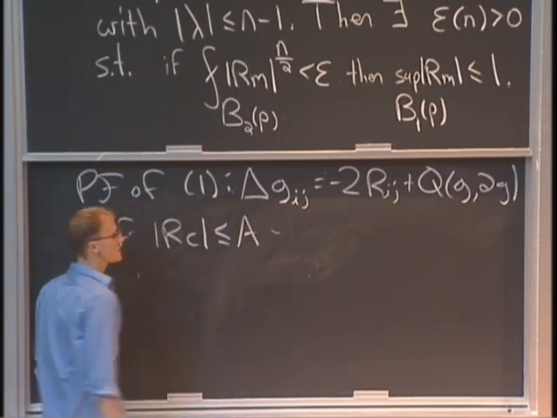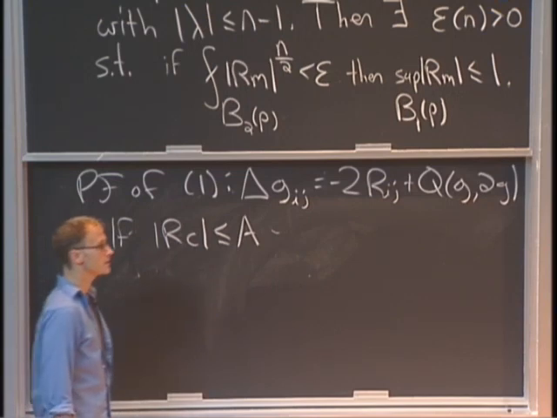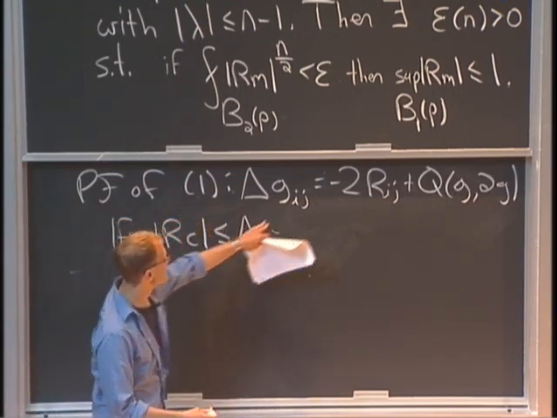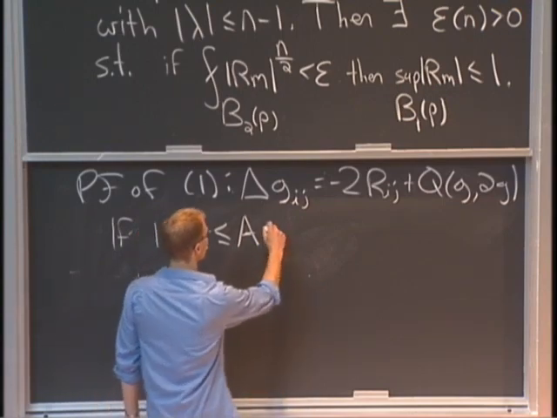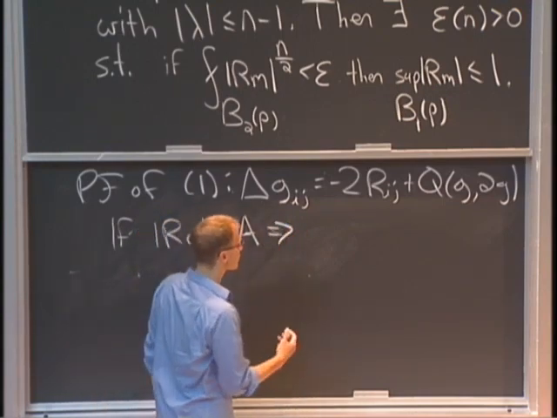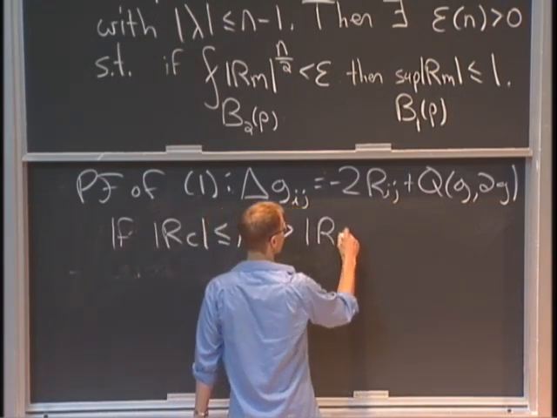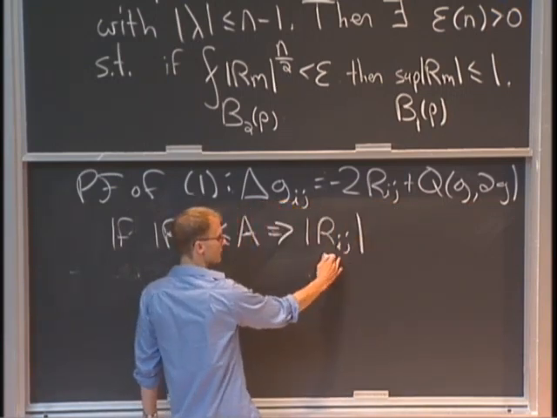So if the norm of our Ricci is bounded by A, then by assumption, our metric here looks very close to delta ij. So that actually implies that in our coordinates, when we're looking at these components here, this here is just the absolute value of a number.